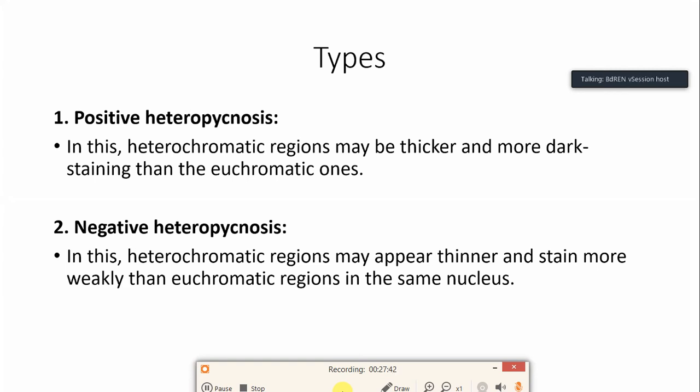In negative heteropycnosis, the heterochromatic regions appear thinner and stain more weakly than euchromatic regions in the same nucleus. These are the weak stain and the thinner part, so they are known as negative heteropycnosis.